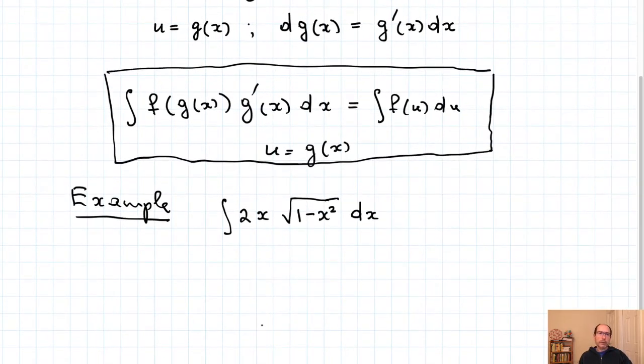Okay, so looking at this integral, the first thing that you will notice is that what makes this integral rather complicated is the square root of 1 minus x squared. We can't really simplify the square root of 1 minus x squared. Algebraically, there is no way to rewrite it in a simpler form. But we can try to make it look simpler by introducing another variable.